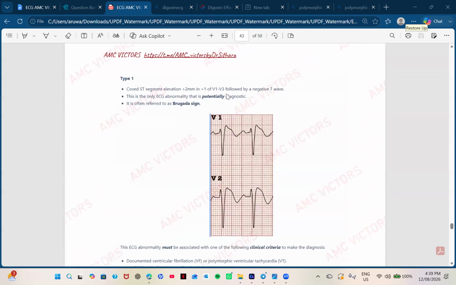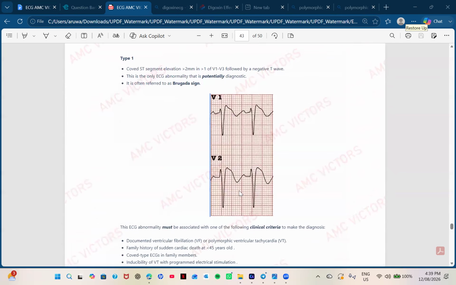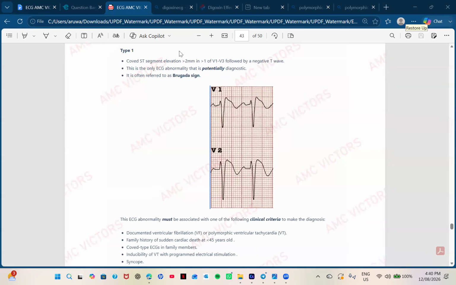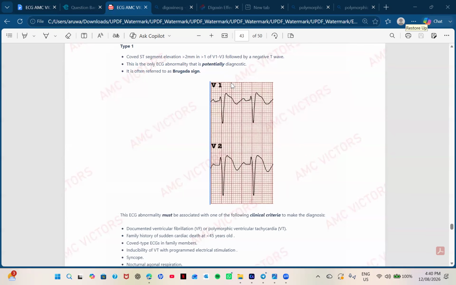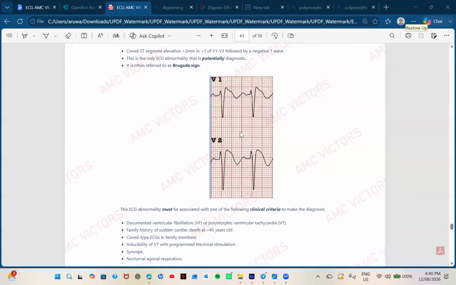Okay, the same thing, V1 to V3. Here, V1 to V3, so you can see the pattern and negative T waves. This is the only ECG abnormality that is potentially diagnostic, and we call it the Brugada sign, right?